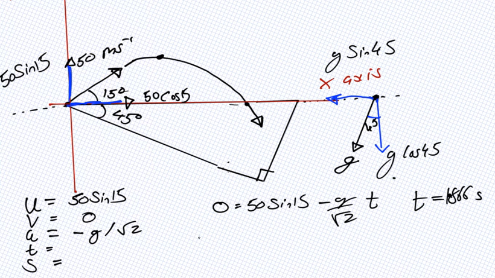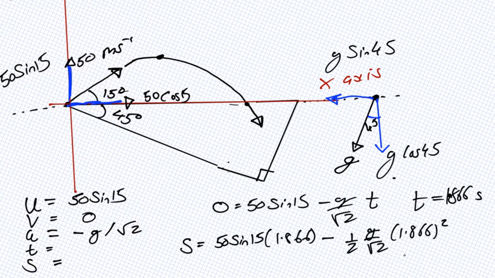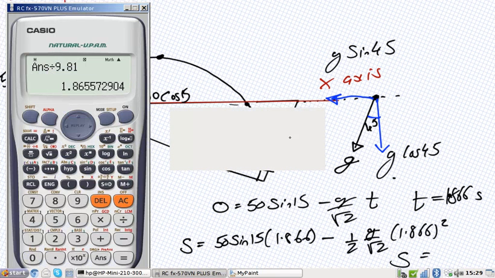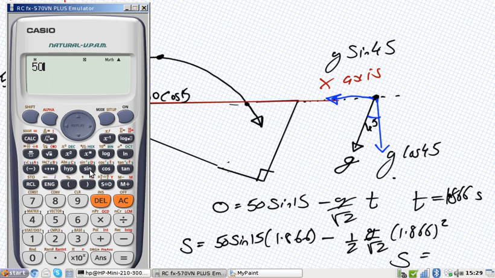And then for the s, we can go with s equals u t plus a half a t squared. So s equals 50 sine 15 times t, minus a half 9.81 over square root 2 times the answer squared.